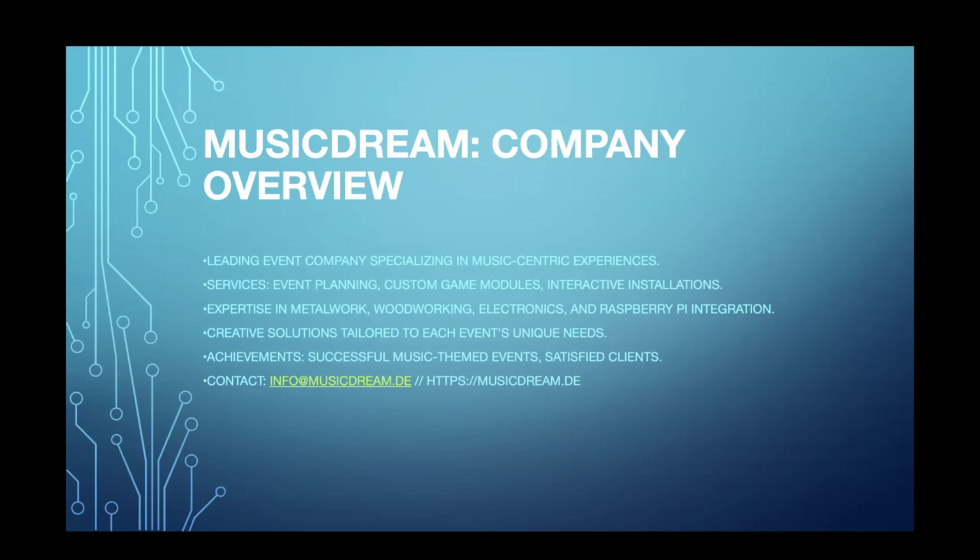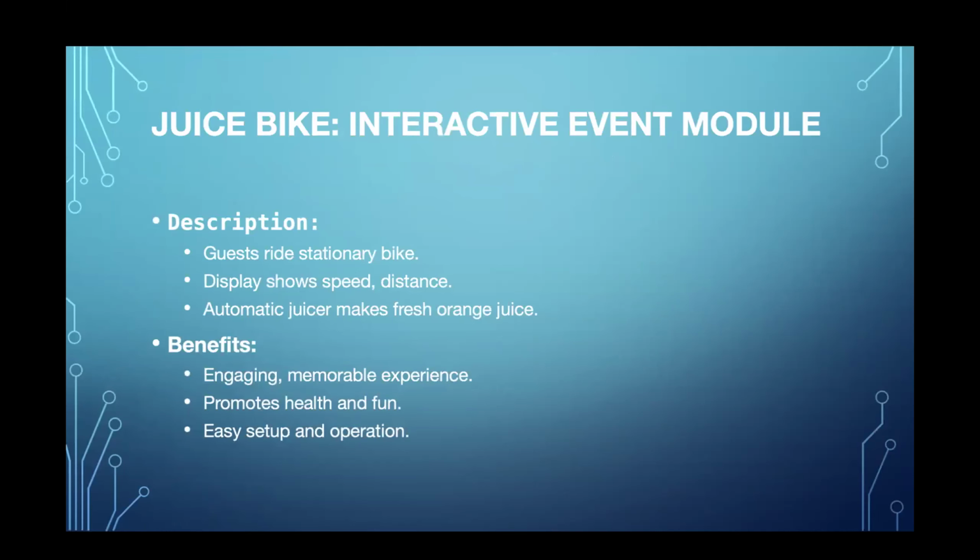One of these systems is the juice bike we talk about today. This is mostly for something like fitness studios and so on. They can rent it from us, and then they get this juice bike.